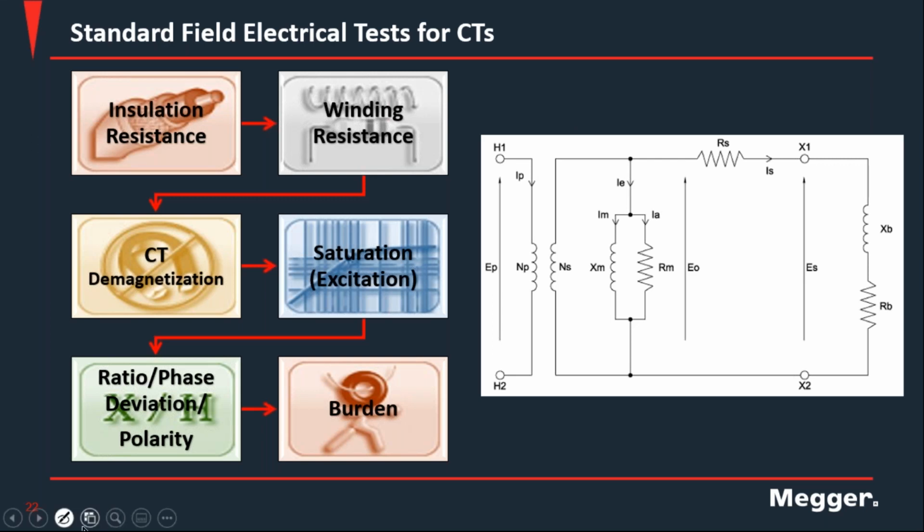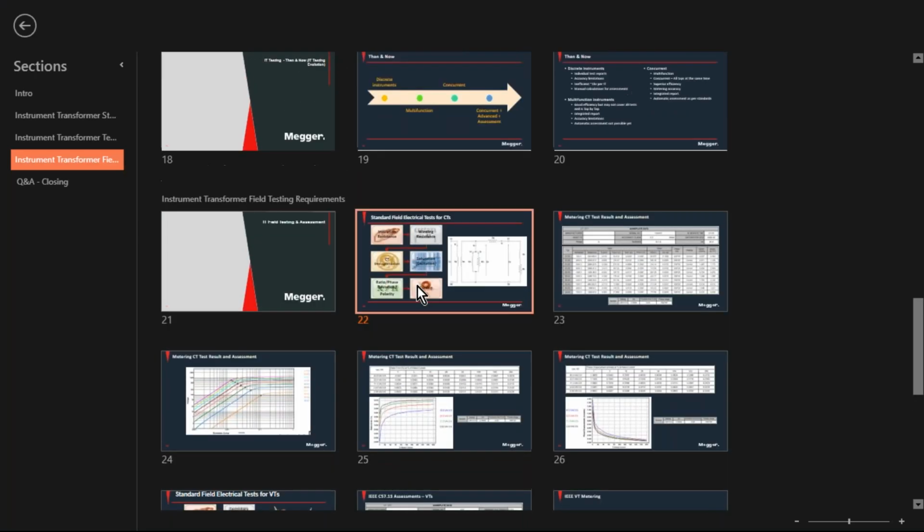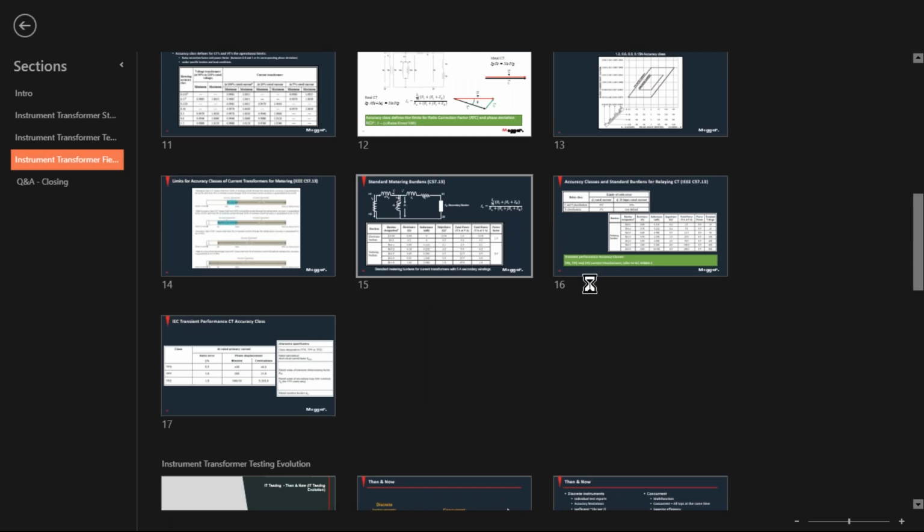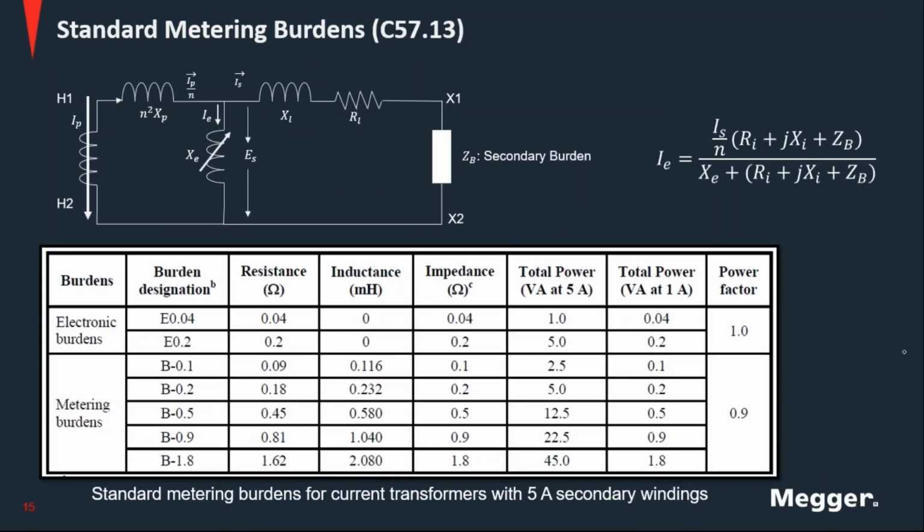Now, why does the magnetic circuit of the transformer change? It could be a change in the iron itself. Let's say there was a fault in the system.